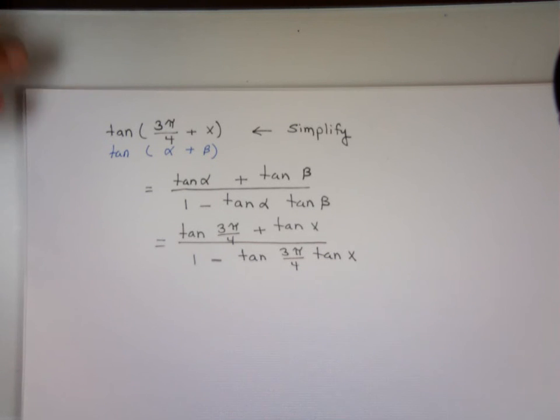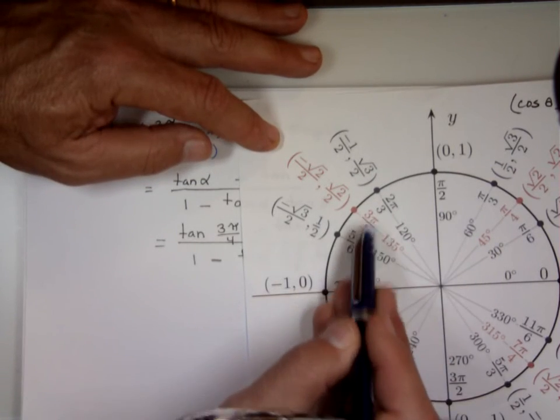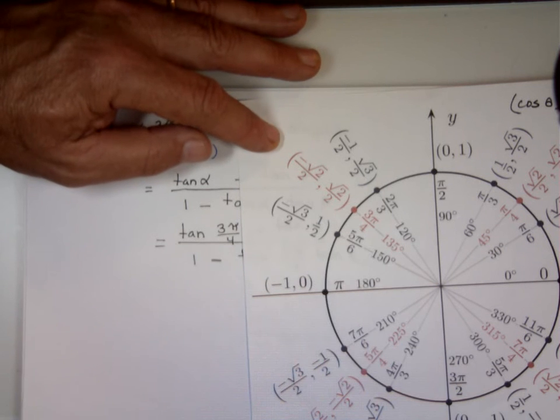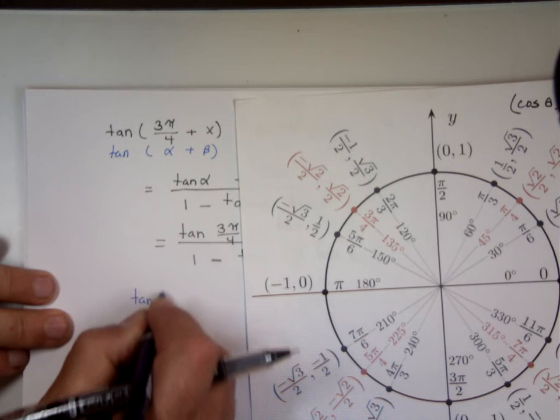And now again, go back to my unit circle and find the tangent of 3 pi over 4. Here's the 3 pi over 4. Can you see it? So what is that equal to? Tangent 3 pi over 4.